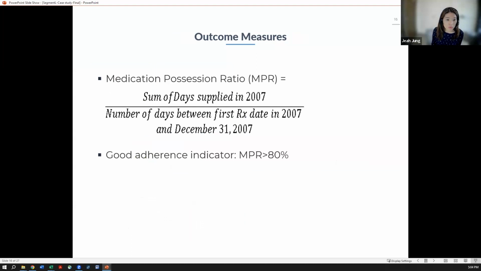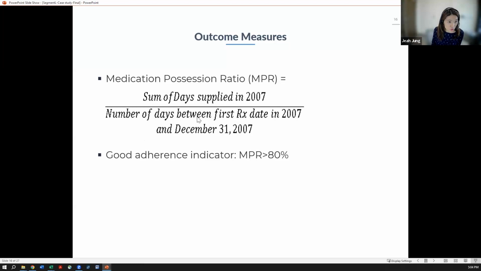So yeah, I'm going to move on. Right. So this is the MPR, the measure that we used. Because we have only 1 year of data, our denominator is the number of days between the first prescription filled in 2007 and December 31st, 2007. And then we summed up the days supplied in 2007, which means we subtract the portion that's carried over to 2008.